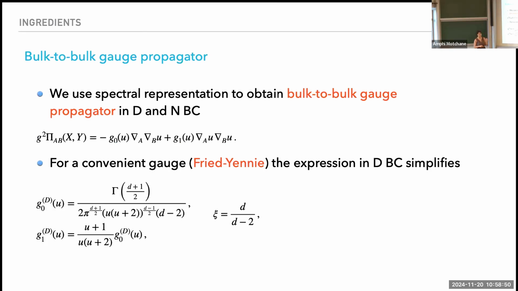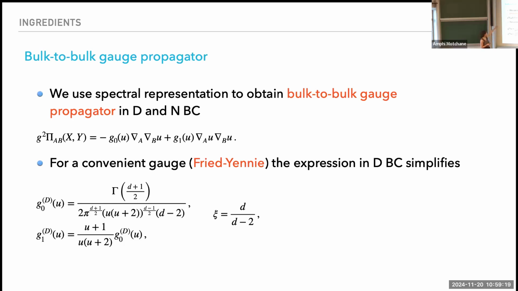And by using spectral representation and solving the equation of motion, we found the expression for the bulk-to-bulk gauge propagator, both in Dirichlet and Neumann boundary conditions, for a generic psi. In particular, we found a specific gauge, which is very convenient, because with this gauge, psi is equal to d over d minus 2, which is called the 3D gauge, the expression for the Dirichlet boundary condition really simplifies.